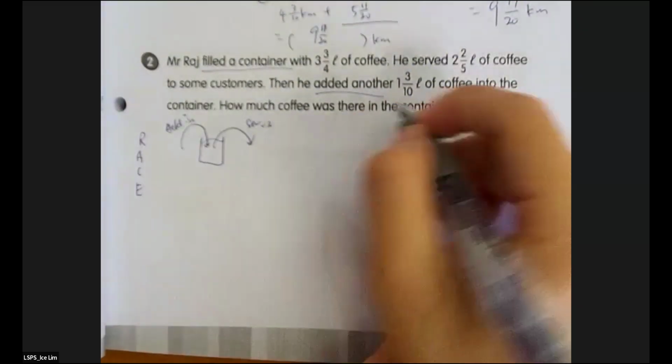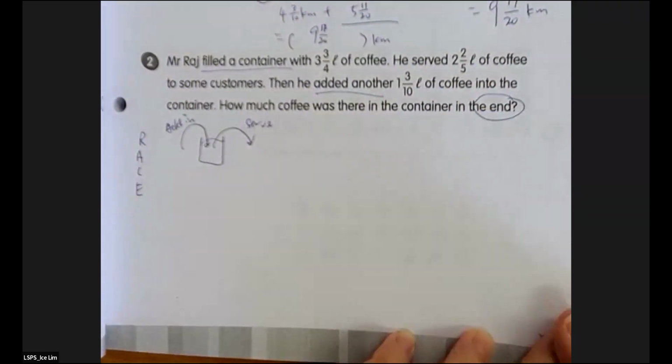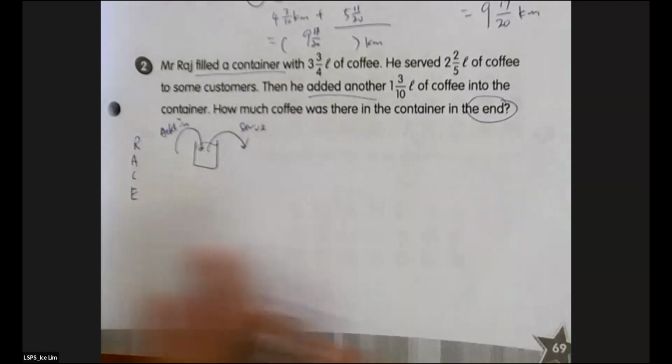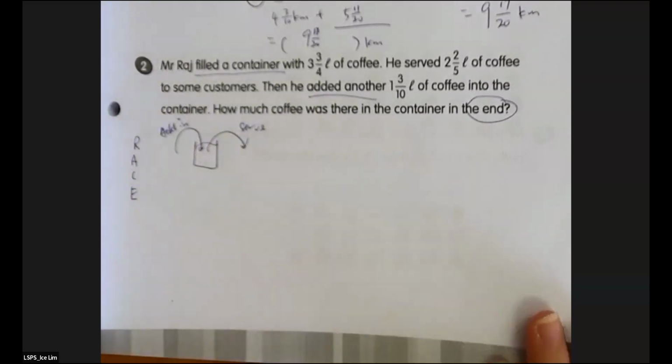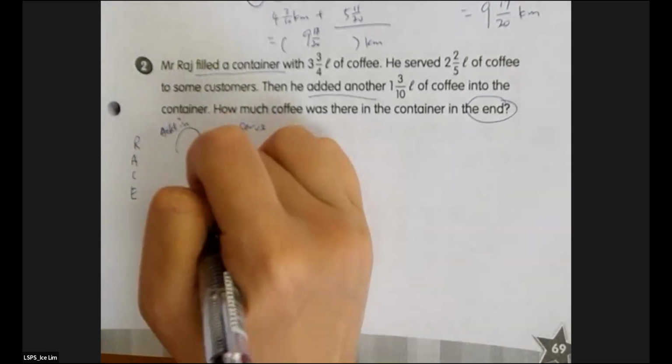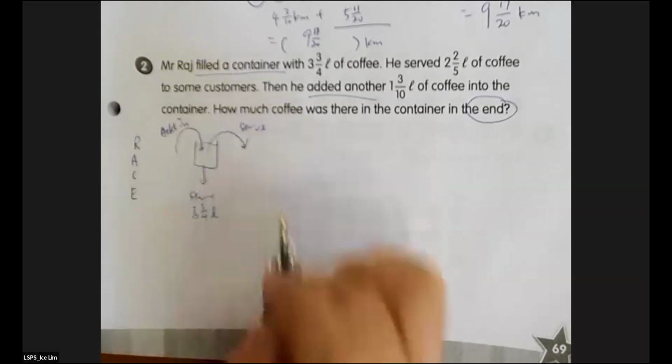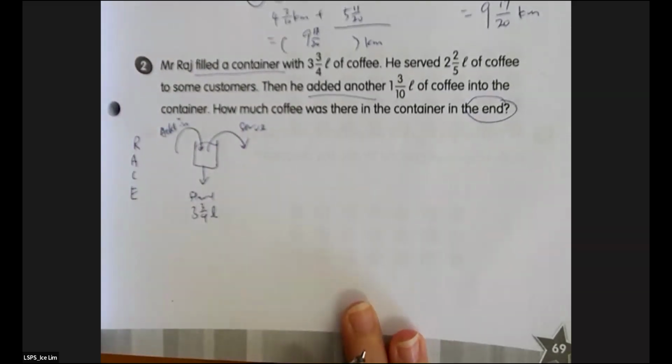Once you can see that, then how much coffee in the end? So this time I draw the picture. I like to draw pictures to help me see the story, especially if there's an action going on. So I realized that at the start, we start with 3 and 3/4 liters.